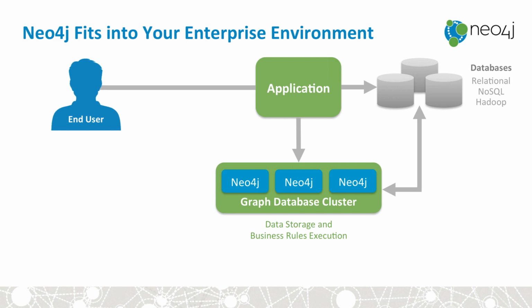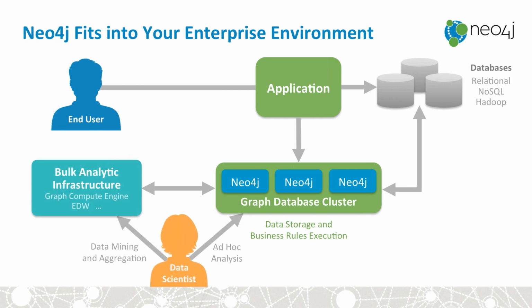other databases. So in this case here, we have our application that's accessing both our relational database as well as our NoSQL databases and Hadoop clusters, but it's also accessing the graph database cluster. And we find people doing this, or environments where all of the data exists inside Neo4j for a particular type of application, or where there's actually a hybrid model.